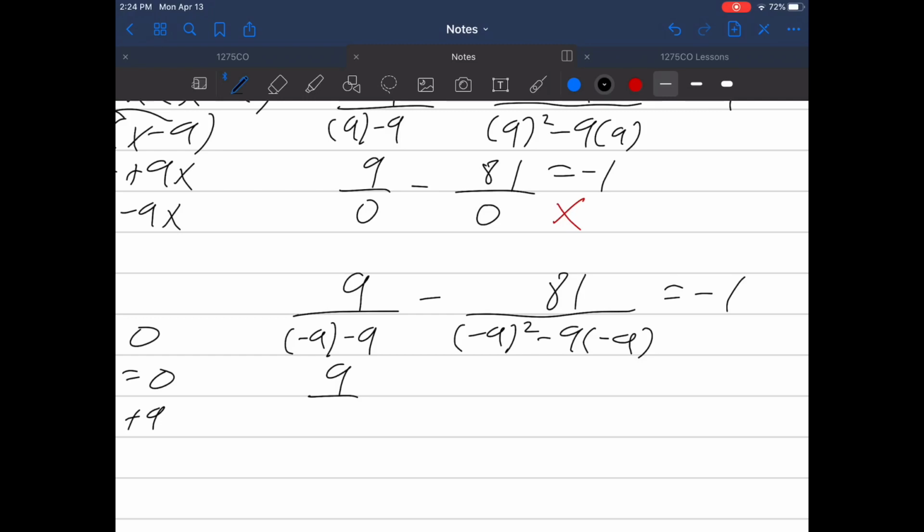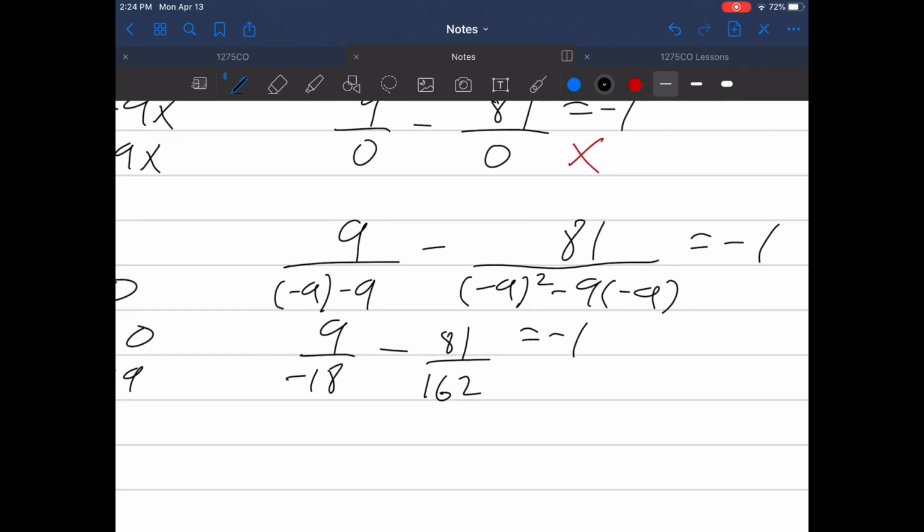81 up top, negative 1 on the right, and we're going to work this out and see if it adds up. 9 over negative 18 minus, this is going to be 81 plus 81, that's 81 over 162. And this is equal to negative 1.